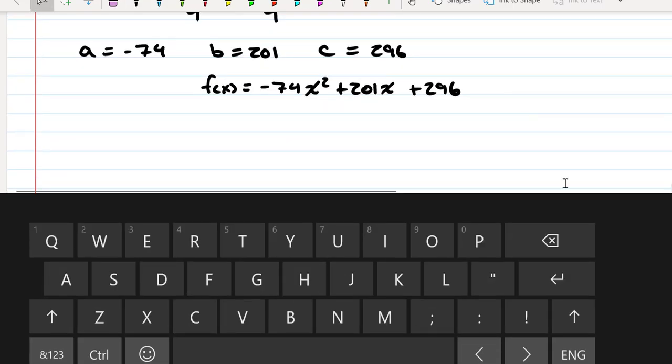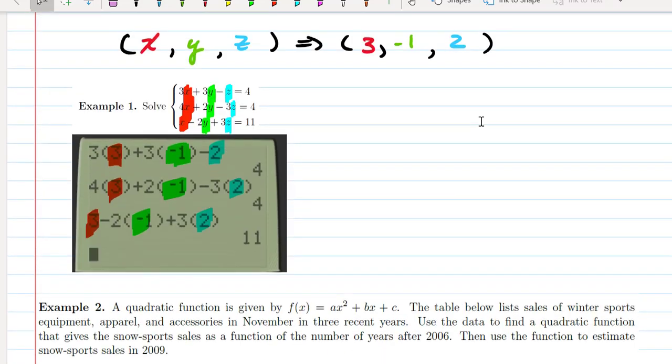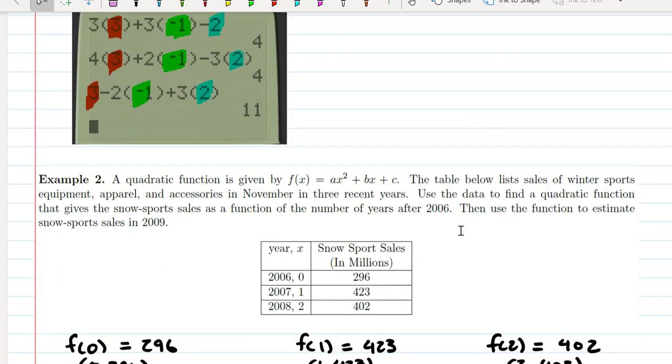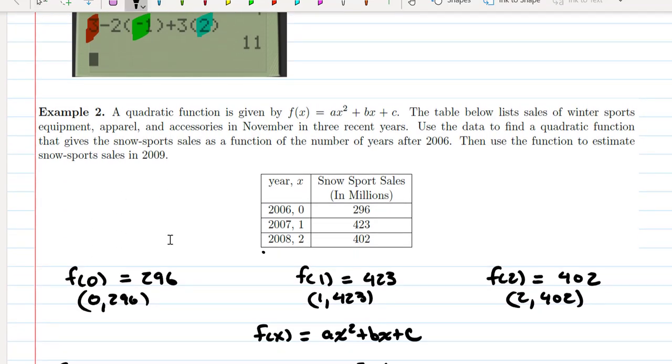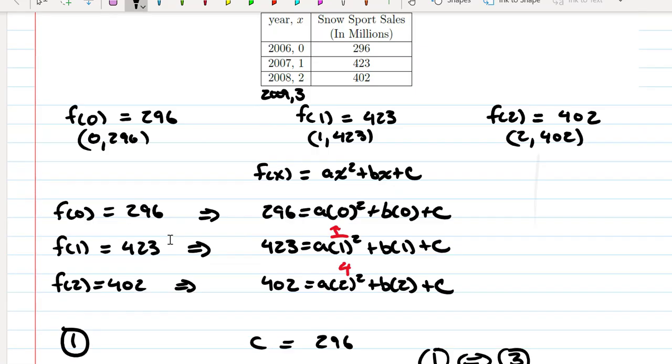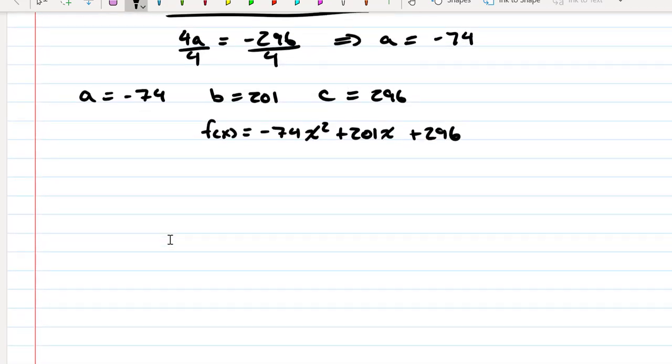So we were asked then, after we have our model, it says then use the function to estimate the snow sports sales in 2009. Well, 2009 will correspond to the input x equals 3. So we're going to need to find f of 3.